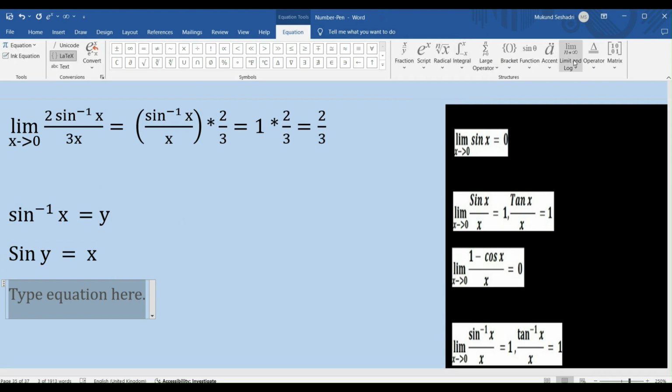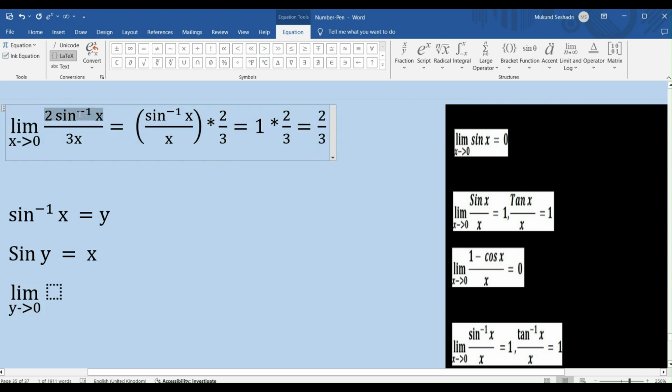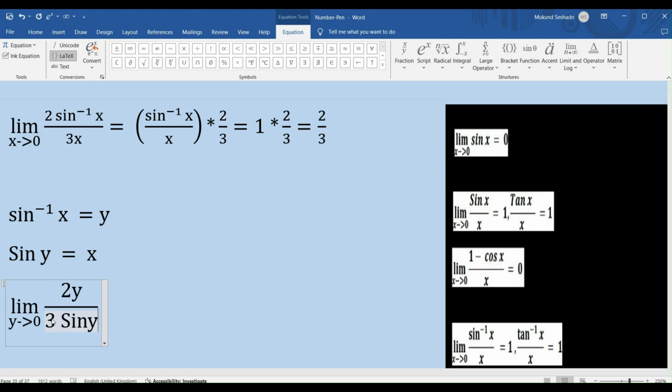How do we write this, right? That's what we're going to look at. What happens is y tends to 0, and your 2 sine inverse of x becomes 2y, and my 3x becomes 3 times sine y, right?